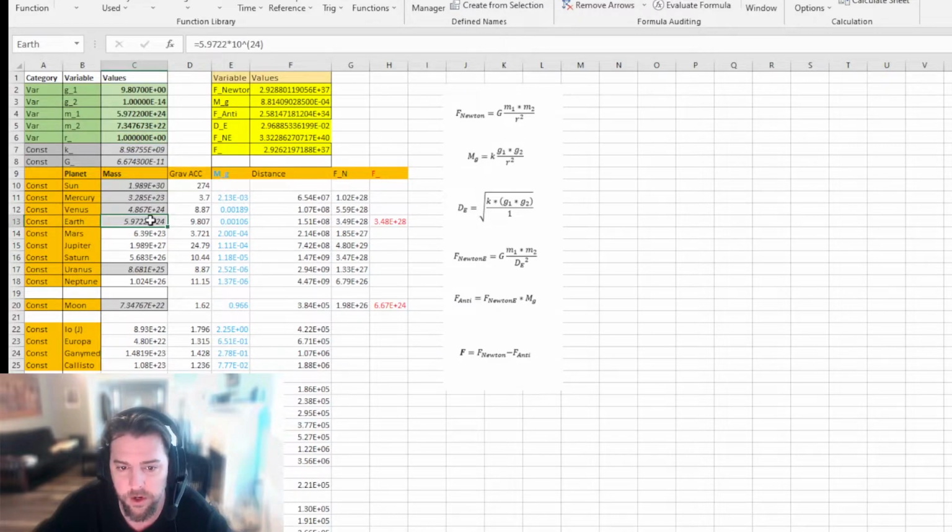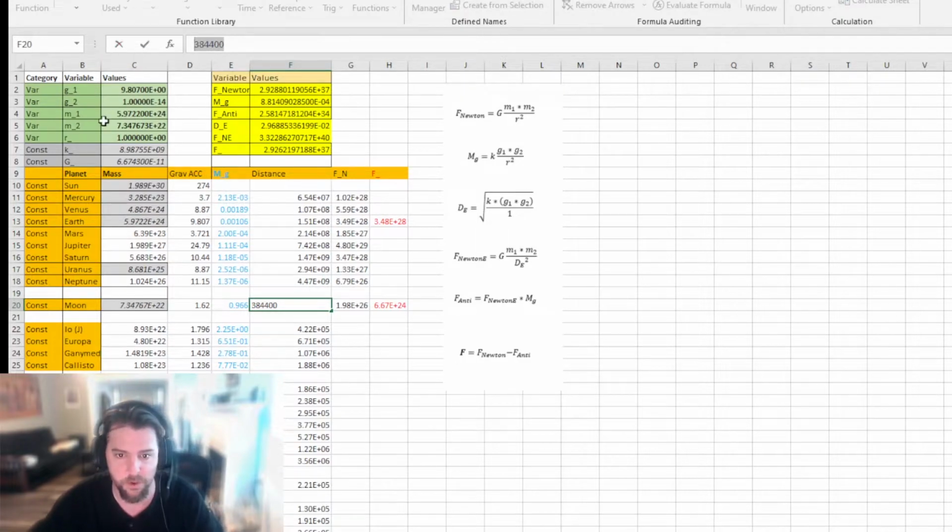So we've got the Earth and 9.8. We've got the moon. The mass is there. The distance is 384, so we are going to put that distance there.